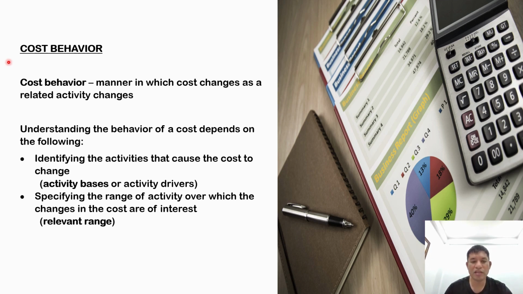We cannot use the total number of guests across the board since some of the guests did not include breakfast in their booking. So once the activity base is identified, food costs during breakfast can be analyzed over the range of guests who normally avail the breakfast included in their bookings. So this is called the relevant range.